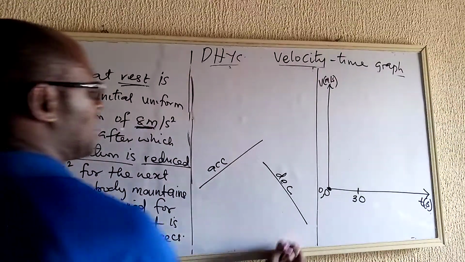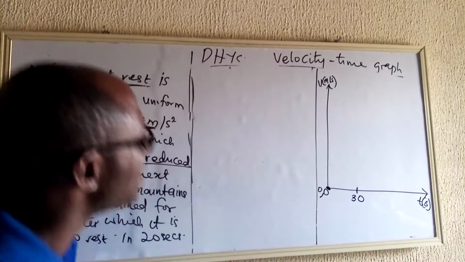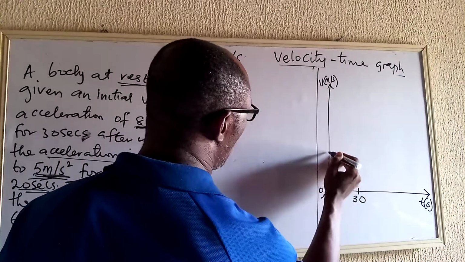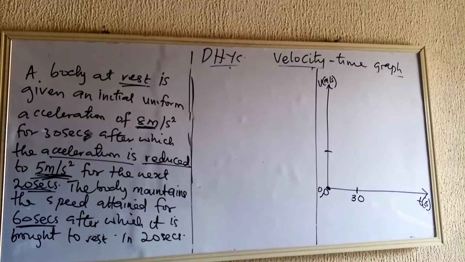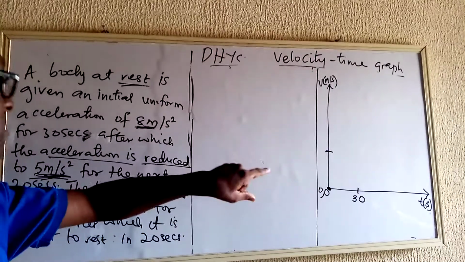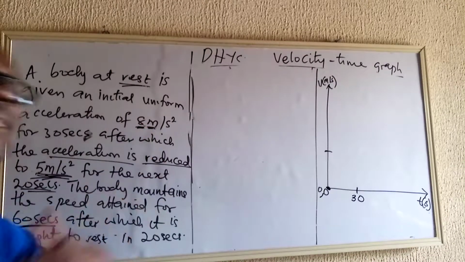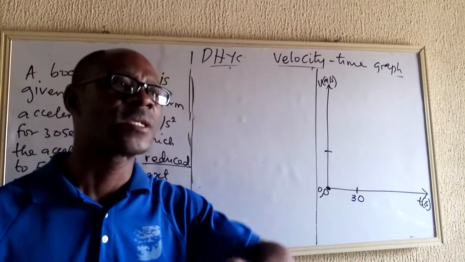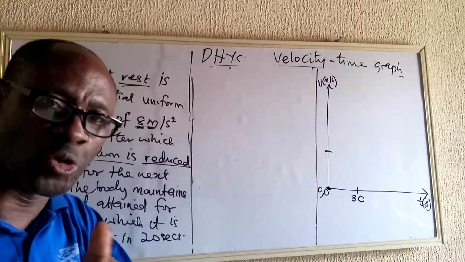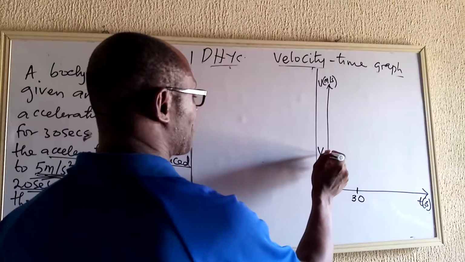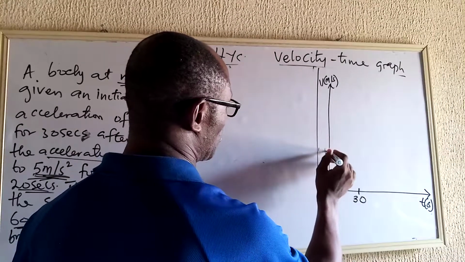So now I need to draw something like this from here. How do I do that? I will pick a point on the vertical axis that will represent the new velocity the body is going to have, having accelerated at 8 meters per square second. Because anytime acceleration takes place, velocity increases. So velocity will increase from 0 to another value unknown, which I will use U to represent.